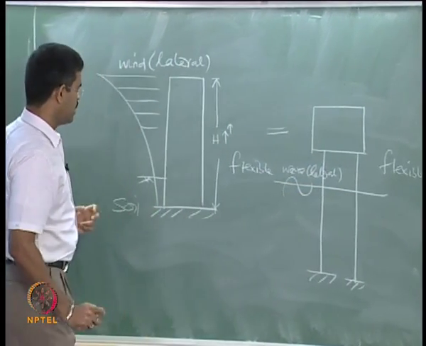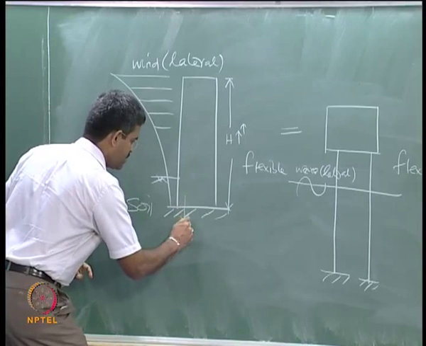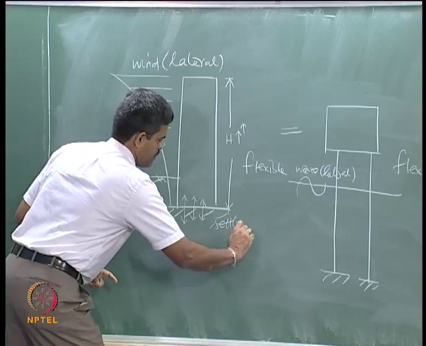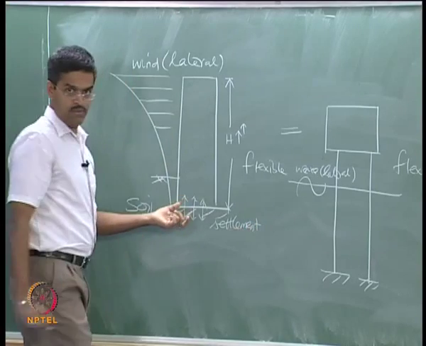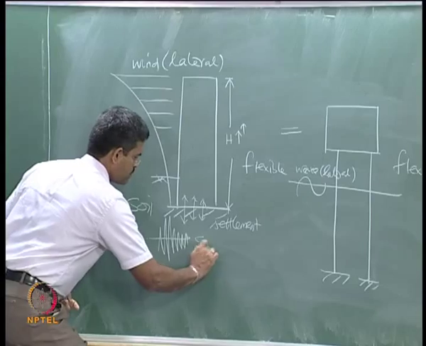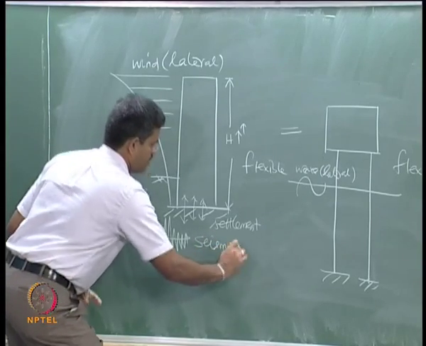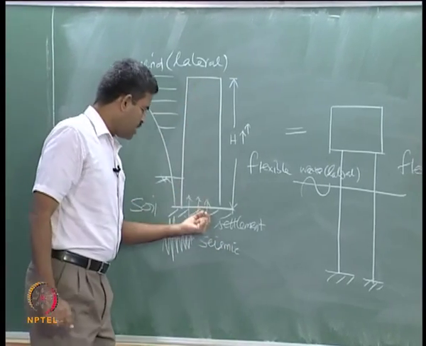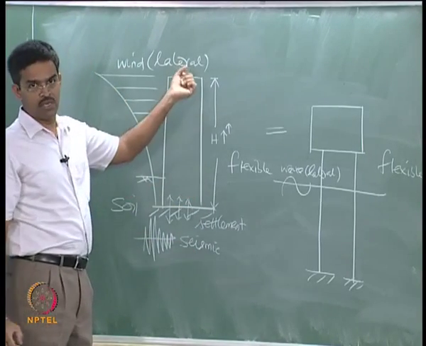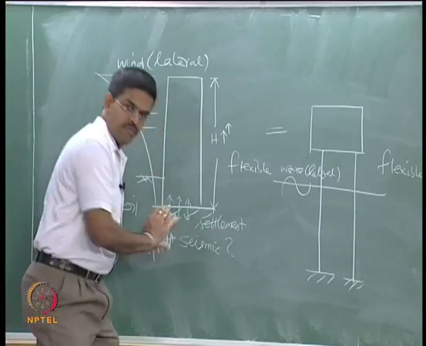Now the question is, when I impose any settlement because of geotechnical problems, or when I impose a seismic excitation, since the structure is founded on the soil, the whole force is getting transferred to the members, therefore it can become critical.